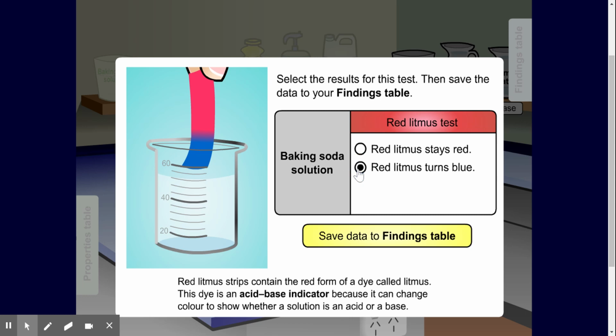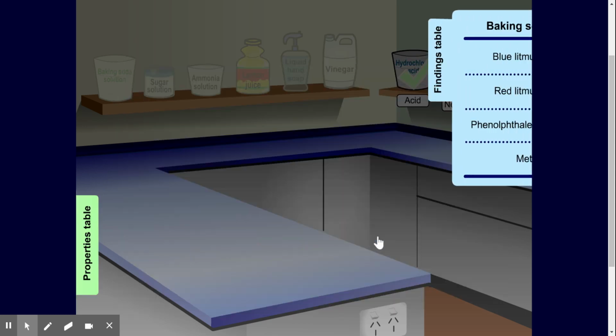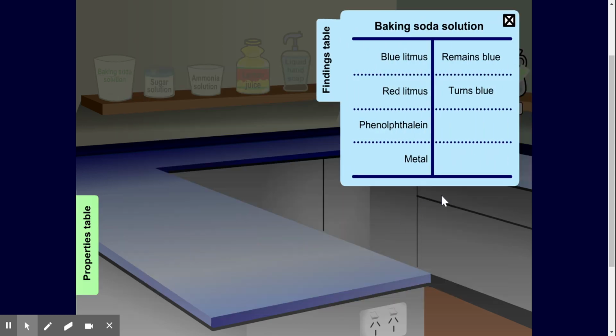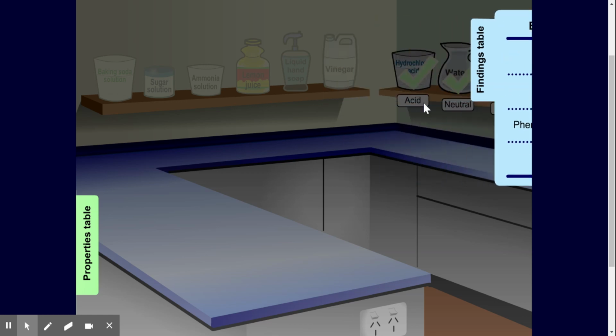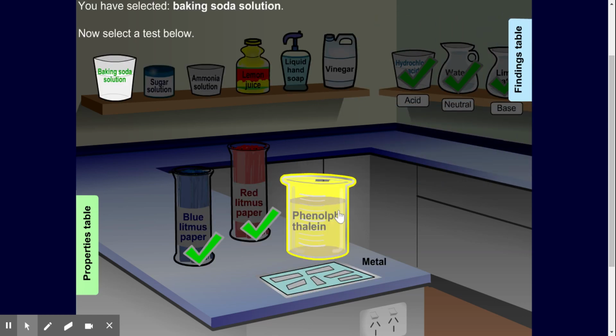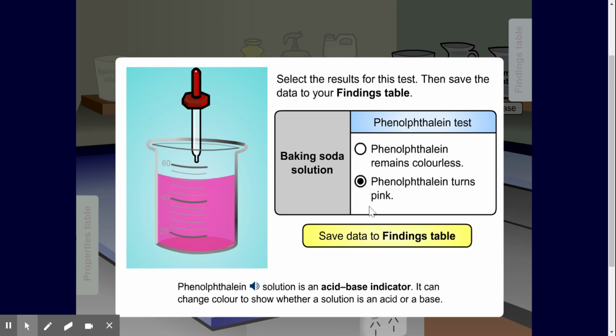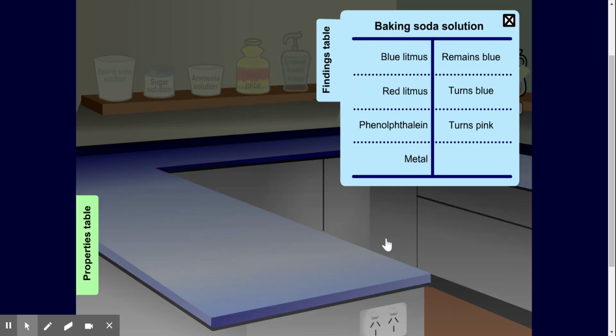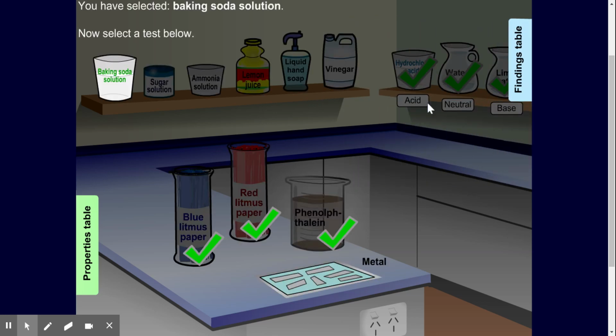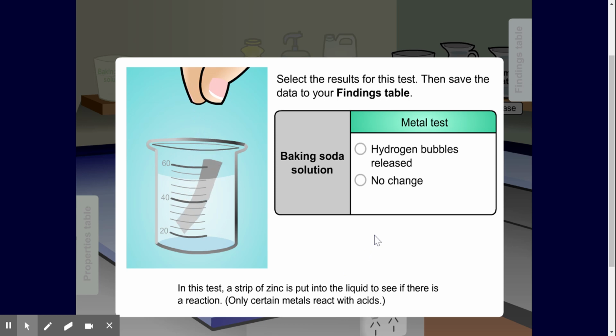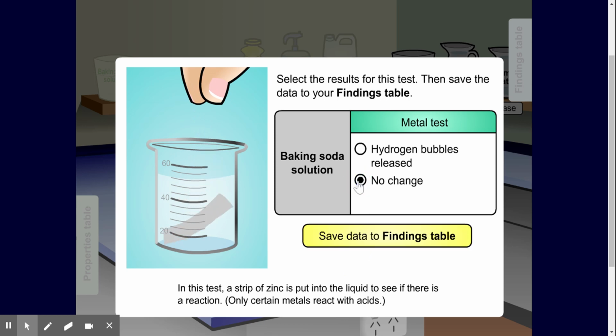We see that it turns blue. Next, we'll go to phenolphthalein. We see that it turns pink. And then finally, we'll test with metal. And we see no change.